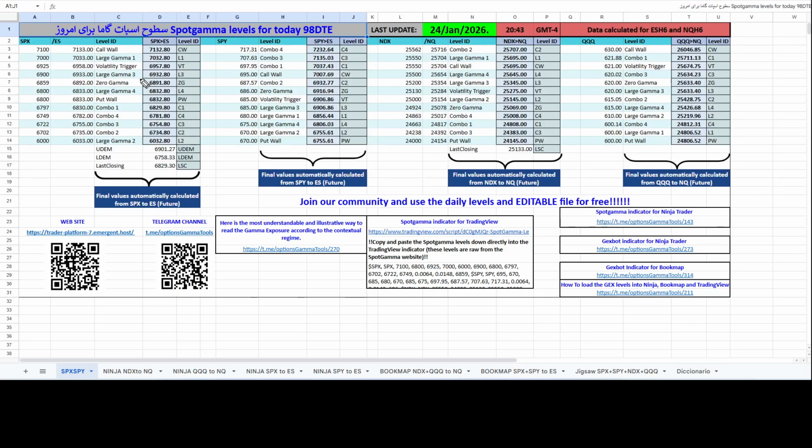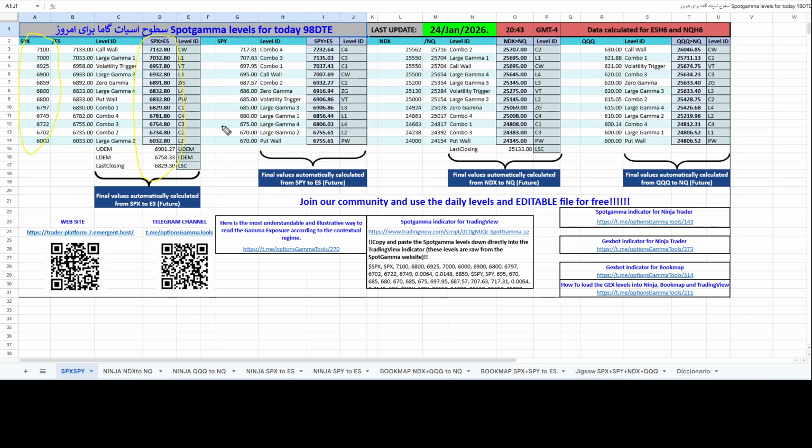All these parameters I use to transform the SPX gamma levels, transforming from SPX to ES. I extract this parameter from two main indicators that I have built for TradingView, which you can download from my website.